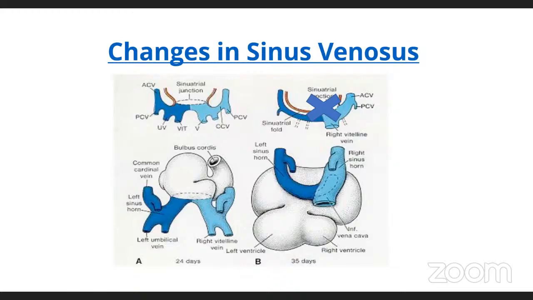And when this happens, the left horn will form the coronary sinus, and the common cardinal vein of the right horn will appear at the top, forming the SVC, and the vitelline vein forming the IVC, as you can appreciate here. This is the coronary sinus, and this is the SVC and left SVC, the SVC and IVC.